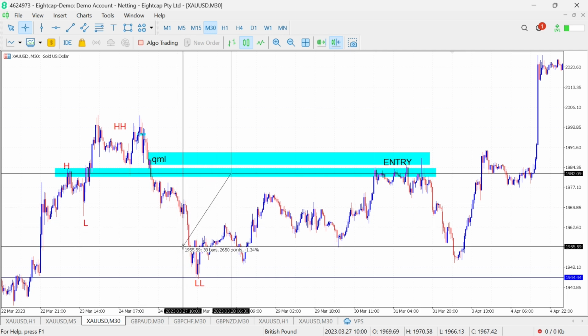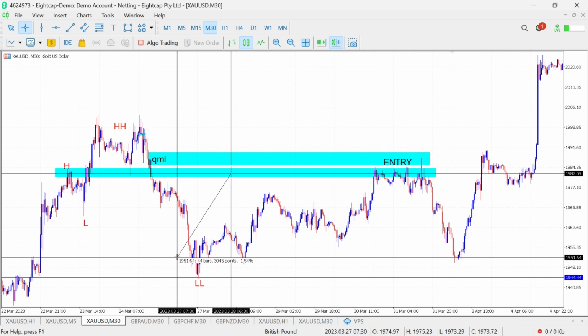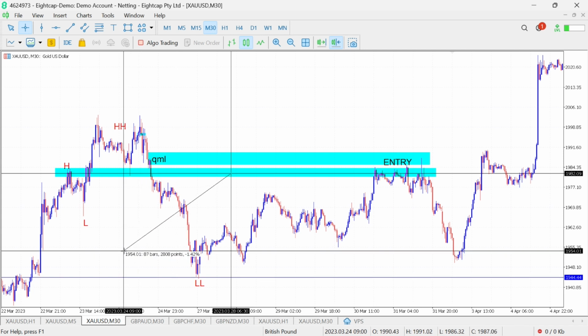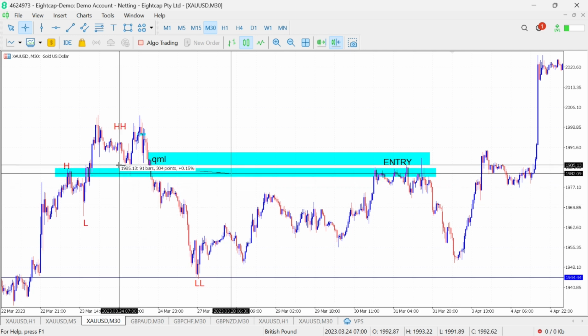And of course, this is a good risk to reward ratio, but at the same time, the risk might not be worth it, because you might be risking about, let's say, 30 pips for each trade you are taking, and price would have gone up and hit your stop loss before you even start selling.